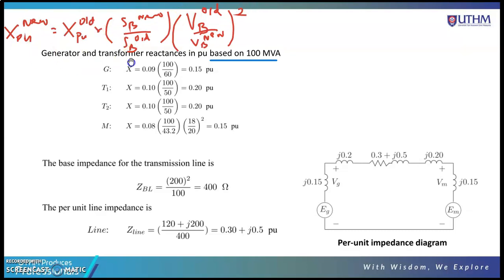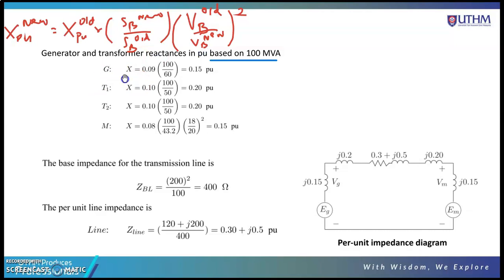The generator and transformer reactances are in per unit based on 100 MVA, and the transformer and generator have the same V base old and V base new, which means the ratio of V base old over V base new equals 1, and 1 squared equals 1.